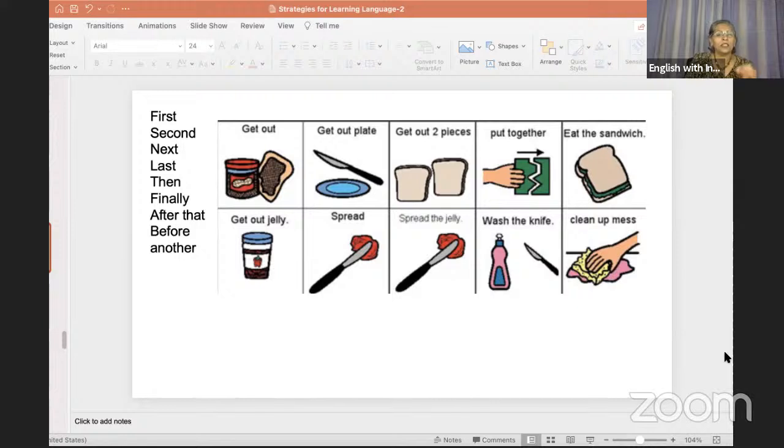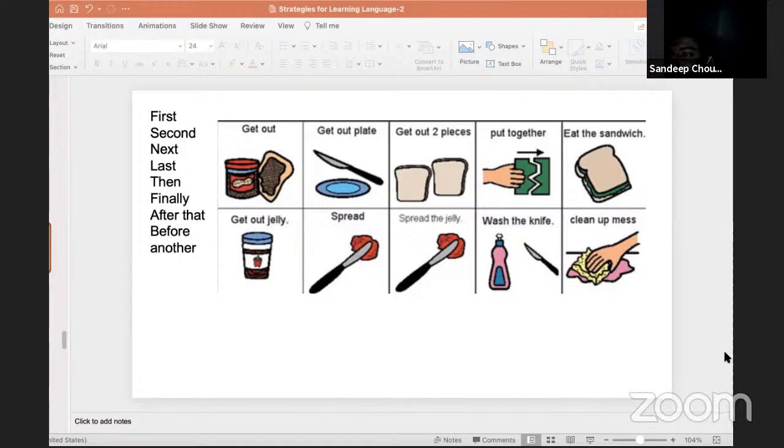So, what is the first thing you think? Go back and think about if we want to make a jelly sandwich. What is the first thing you need in order to make a jelly sandwich? Bread, okay. And then jelly.